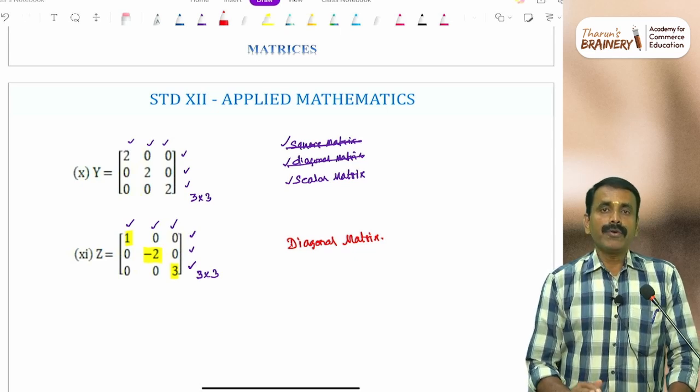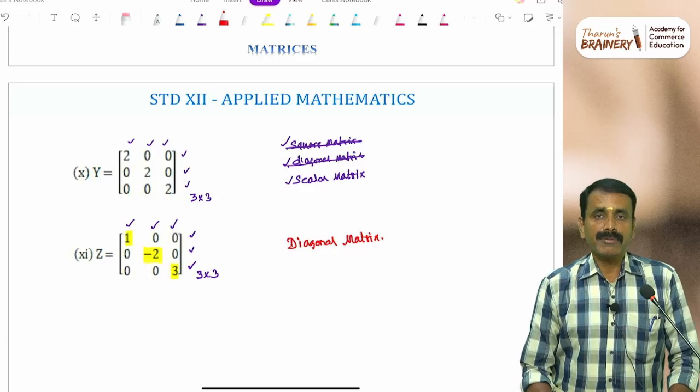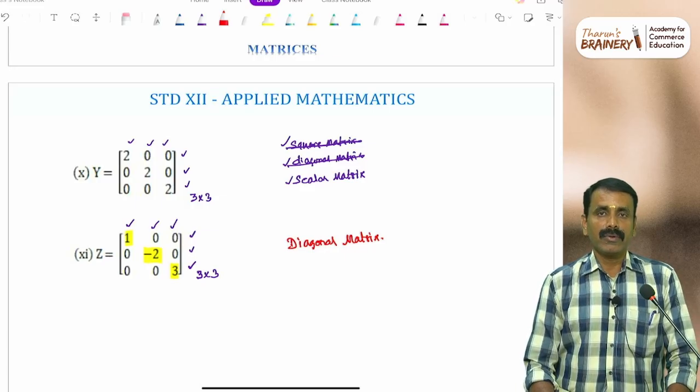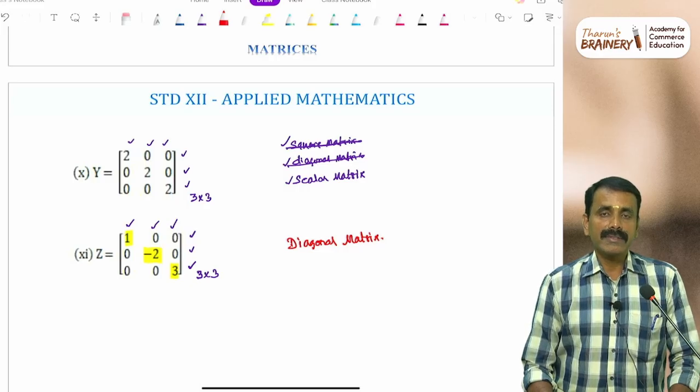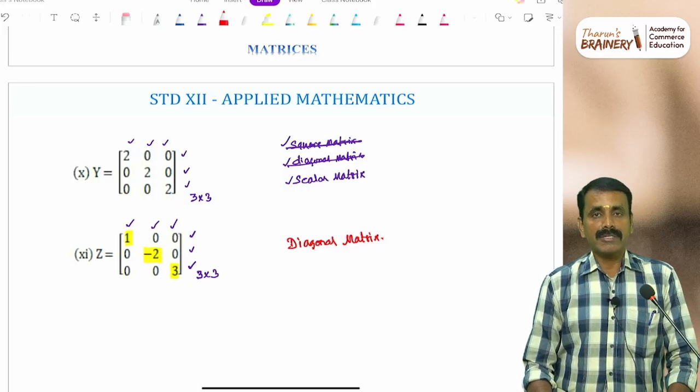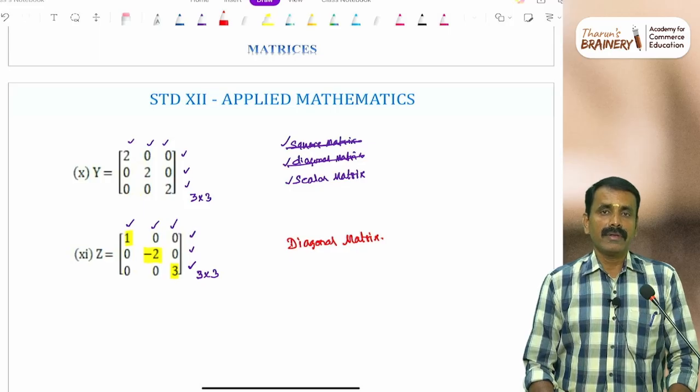And we have seen a few problems in identifying the types of matrices. Okay, children. In the next session, we will study addition of matrices, subtraction of matrices, multiplication of matrices. Thank you, students.